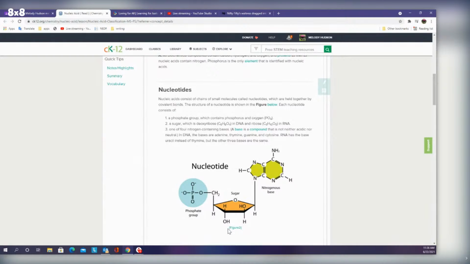I'm counting our molecules, C5, H8, and there's our base. That's the nitrogen base. C5H8O4.